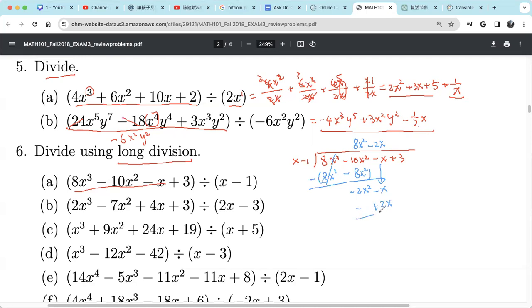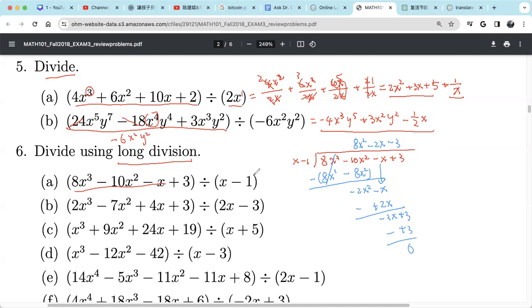Then each step we subtract. Negative x minus 2x is negative 3x. Then plus 3. Now negative 3x divided by x, that's negative 3. So we put negative 3 here. Then -1 times negative 3 is positive 3. When we subtract, we get 0. So the remainder is 0.